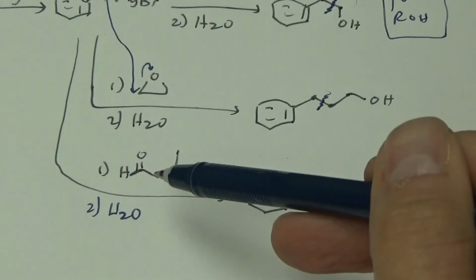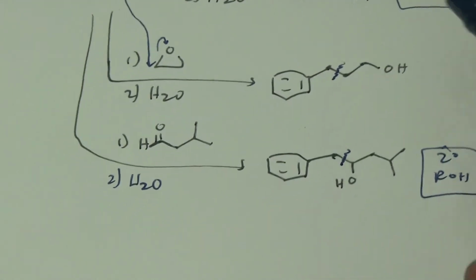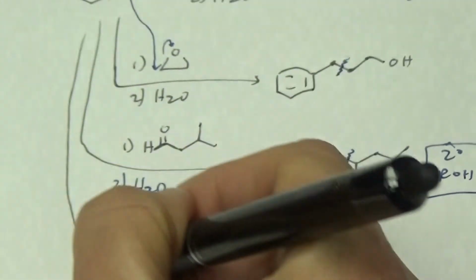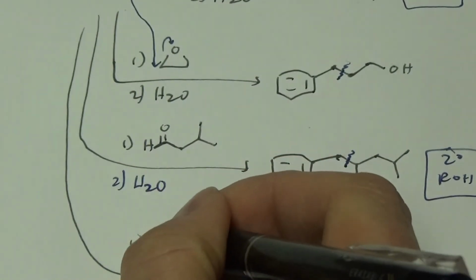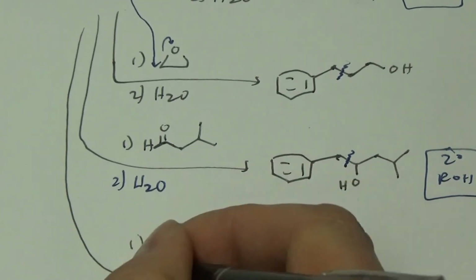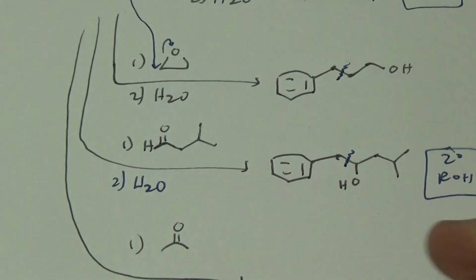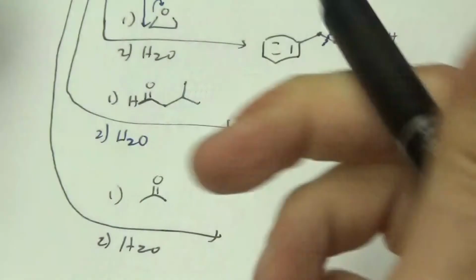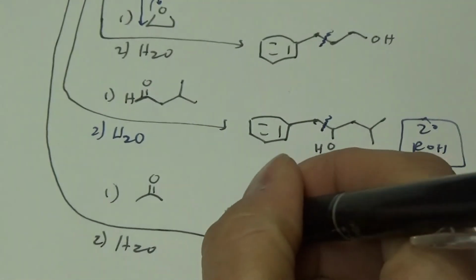Formaldehyde, normal aldehyde, or like a ketone. What do we get if we react with acetone, a ketone? And then you get a tertiary alcohol.